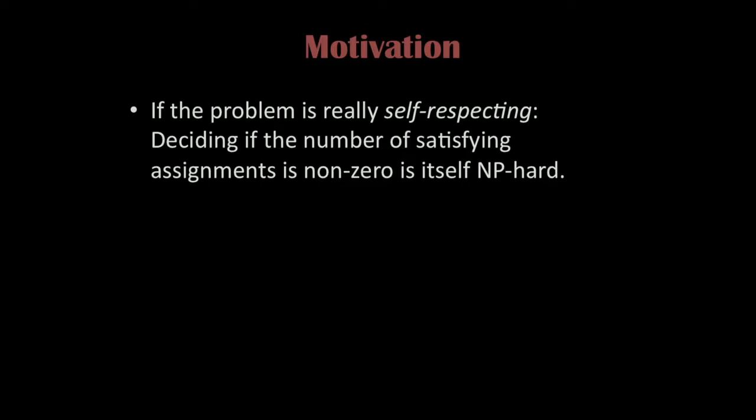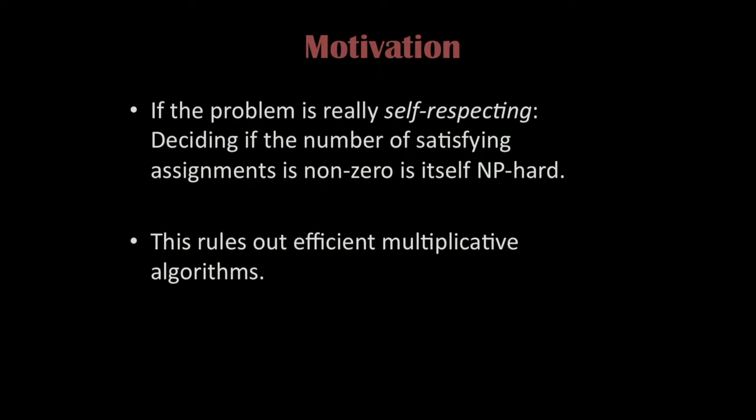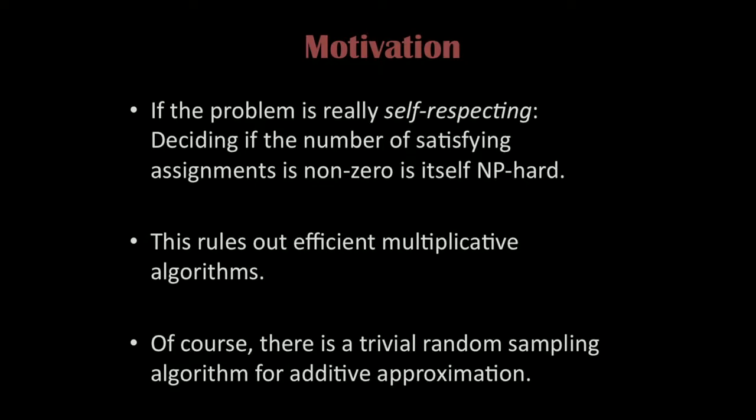But okay, from the perspective of Boolean functions, even the decision versions of the problem, just deciding whether there is one satisfying assignment versus no satisfying assignment, most of these classes will have the property that even this decision problem will be NP-hard. Hence, you cannot even hope to get multiplicative approximation guarantees for the counting problem in polynomial time. So the only thing you can now hope to do is get additive approximations to the counting problem.